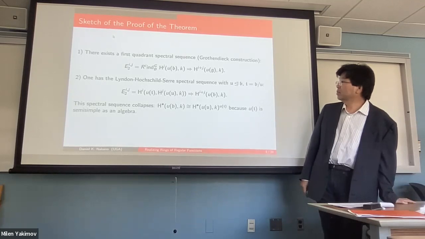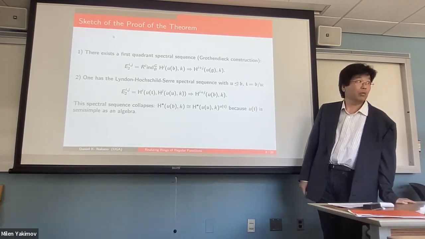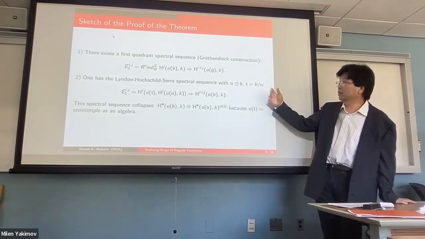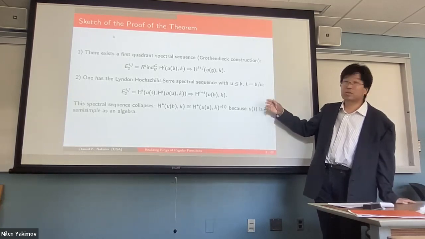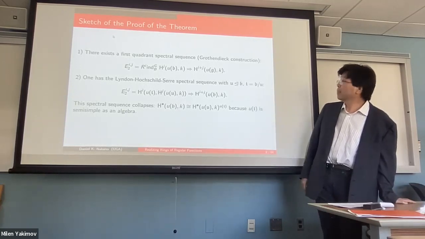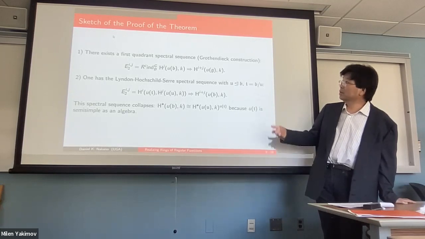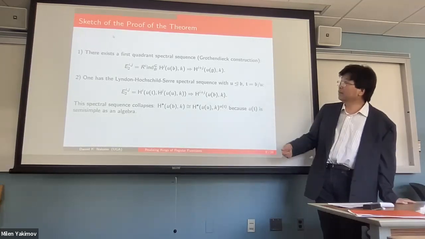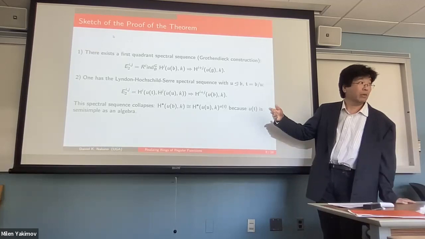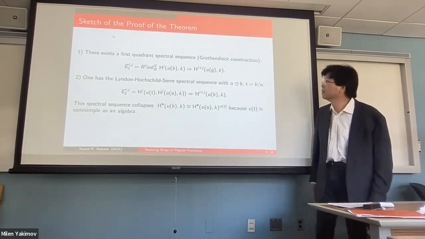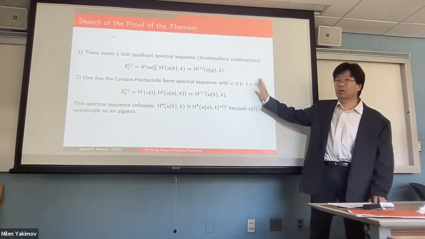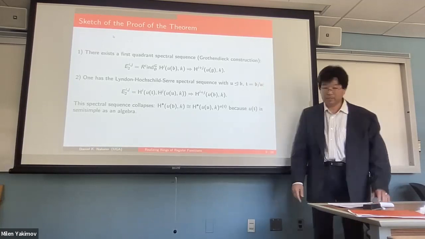When i is equal to 0, that's just the induction functor from B to G. So the functor is induction from B to G. It's left exact, and you have higher right derived functors. Does that make sense? It's a representable functor too.